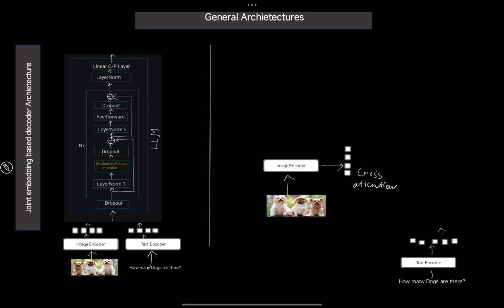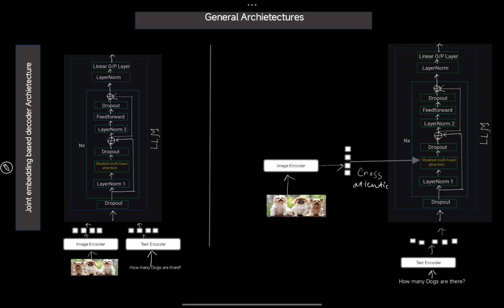We have another architecture which is getting very popular with recent models like Llama 3.2. In that architecture, we pass the text to a text encoder, and the text encoder generally creates a text embedding.